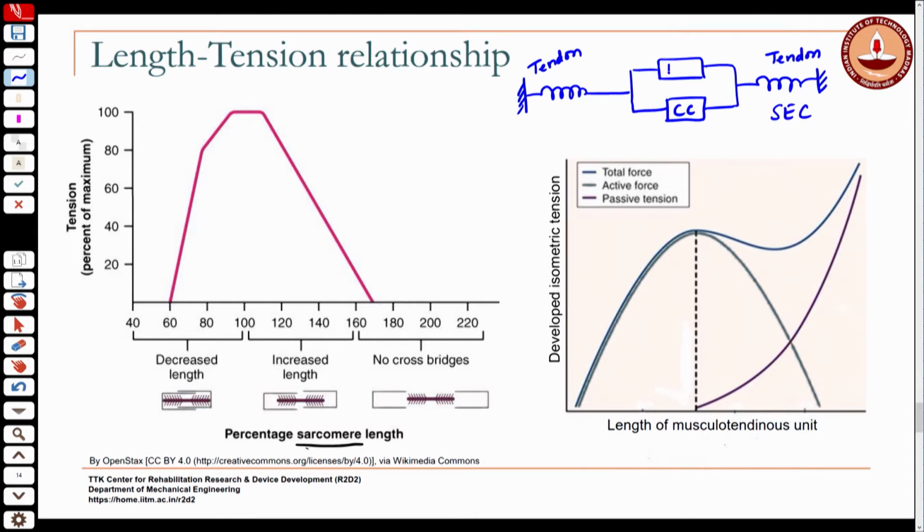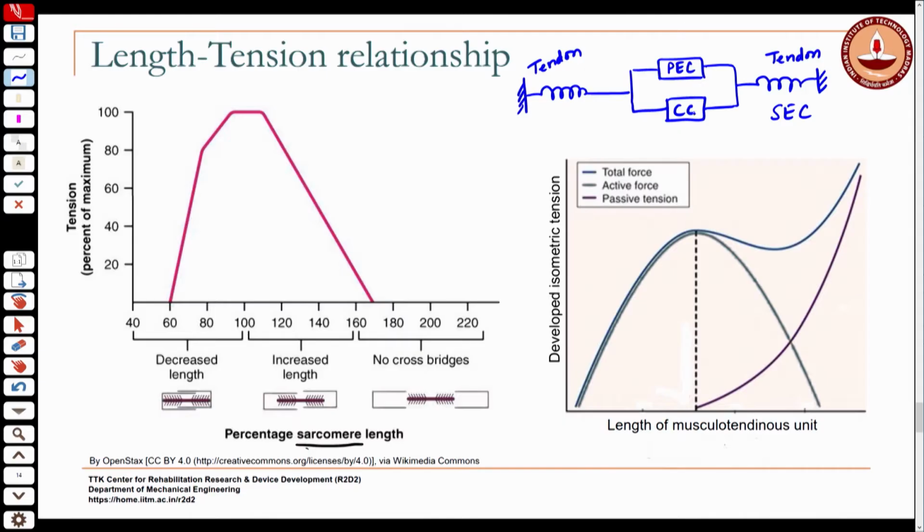Then I have the muscle itself, the fibers surrounding it, you have a passive elastic component for that, and then you have the contractile component, which is the only active component. The total that we are drawing is for this, so this is the whole unit.